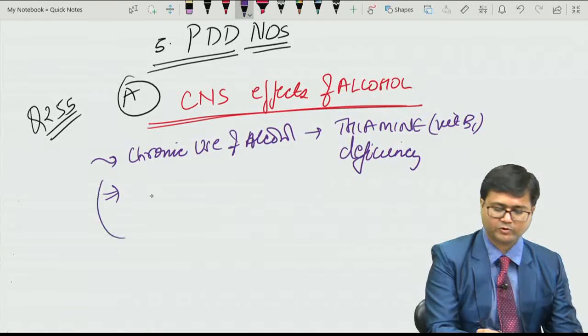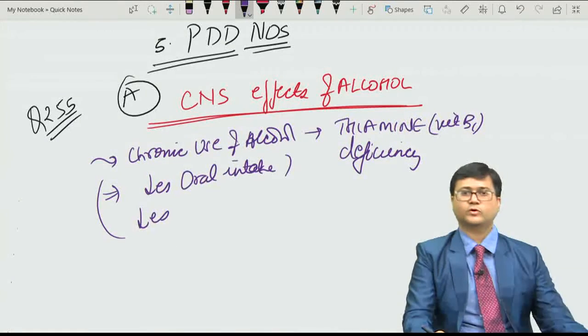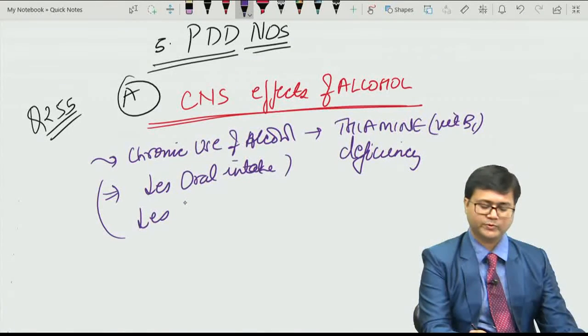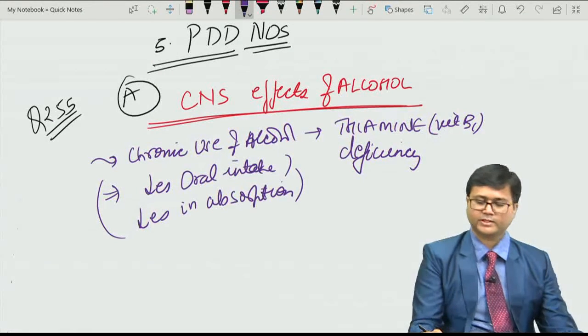This may be because of decreased oral intake of nutritious food, or because chronic alcohol use degrades the mucosal lining, so it may also be due to decreased absorption of thiamine.